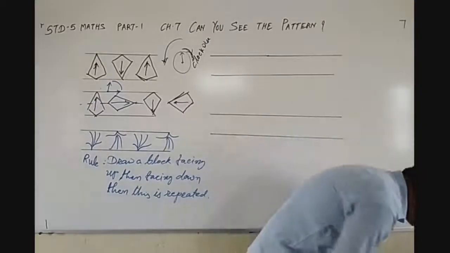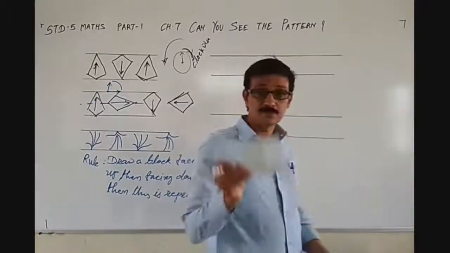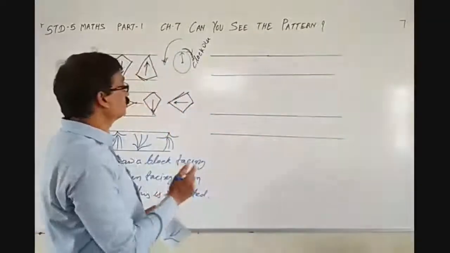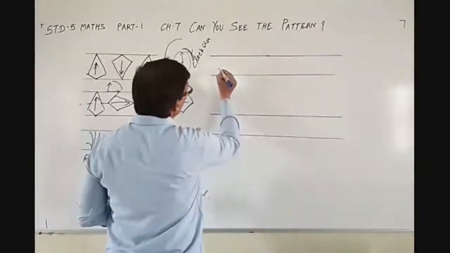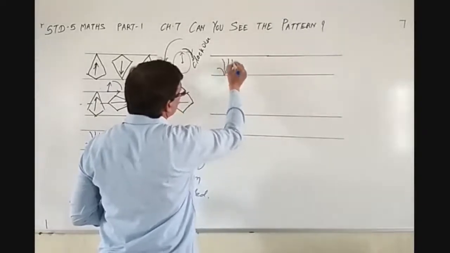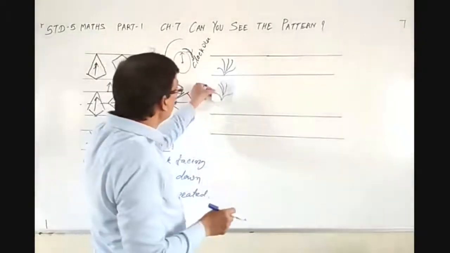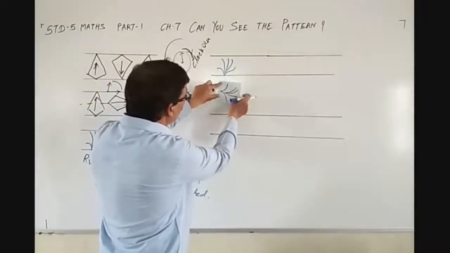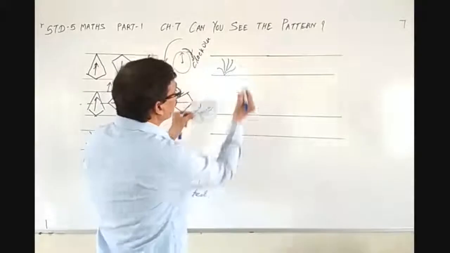So in that one, what will we do? This is a block, and we will go for 1/4 turn. So first of all, let me draw this block. Now I want to give 1/4 turn. 1/4 turn is this much only. So this block will look like this.